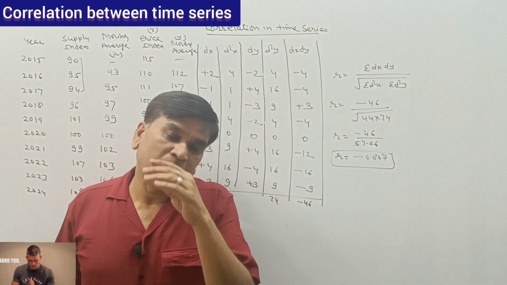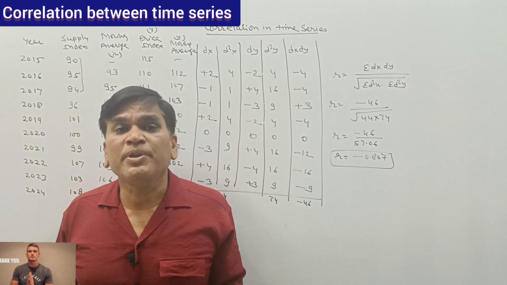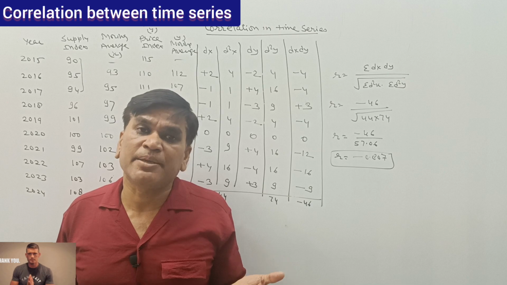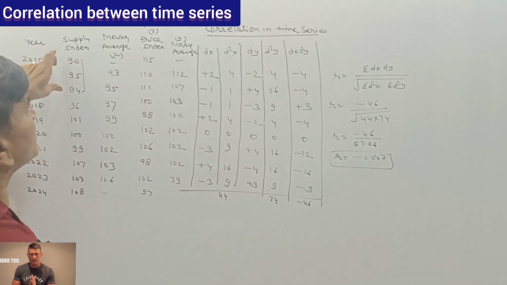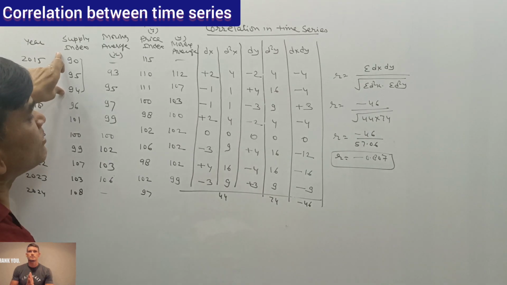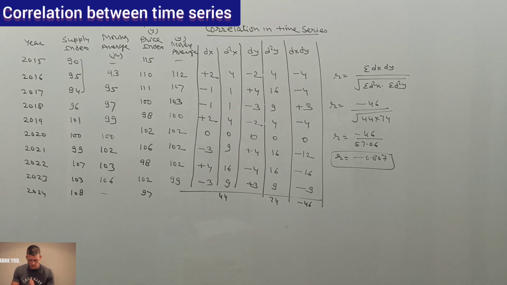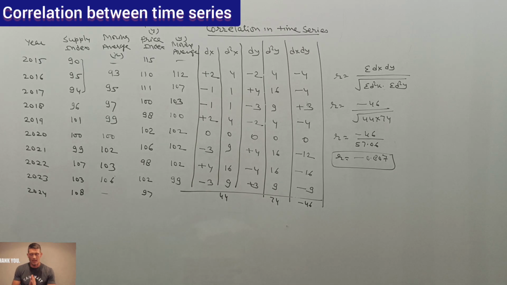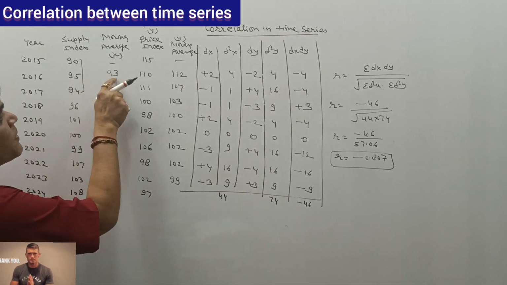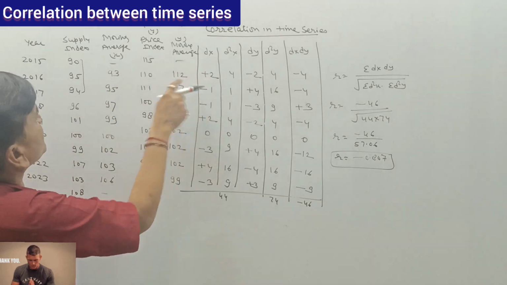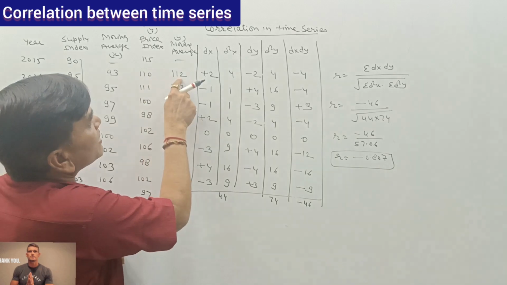So if time series data is given, or we have to calculate the correlation between time series data, very easily, firstly we calculate the moving average, whether it is 3 years or 5 years, as mentioned in the question paper. Then we take the differences: 95 minus 93 is plus 2, 94 minus 95 is minus 1, and so on. Similarly 110 minus 112 is minus 2.